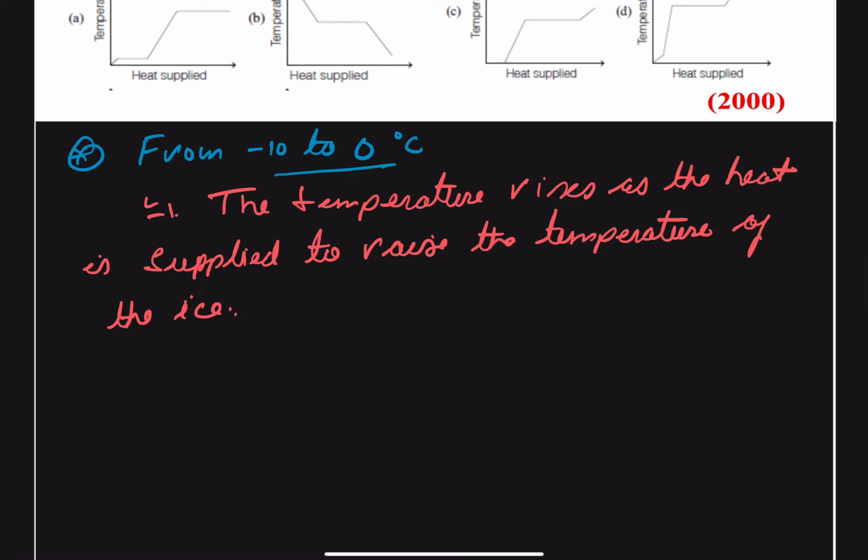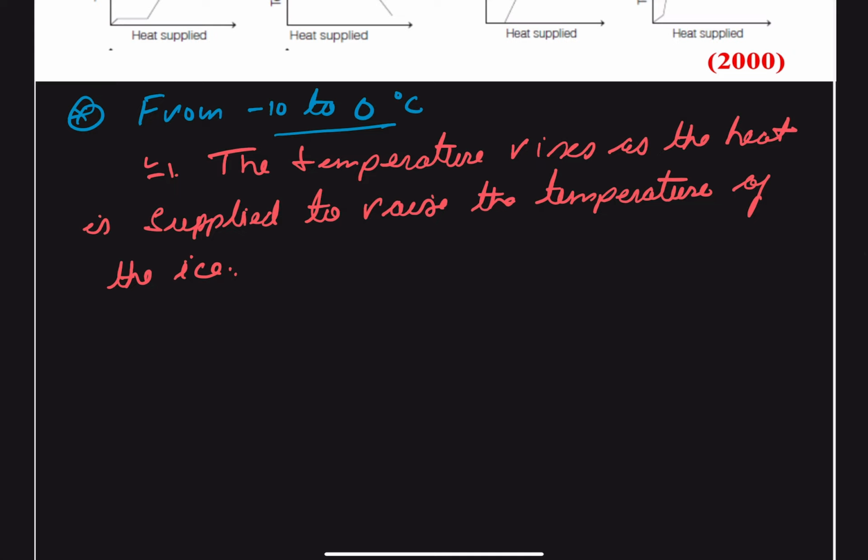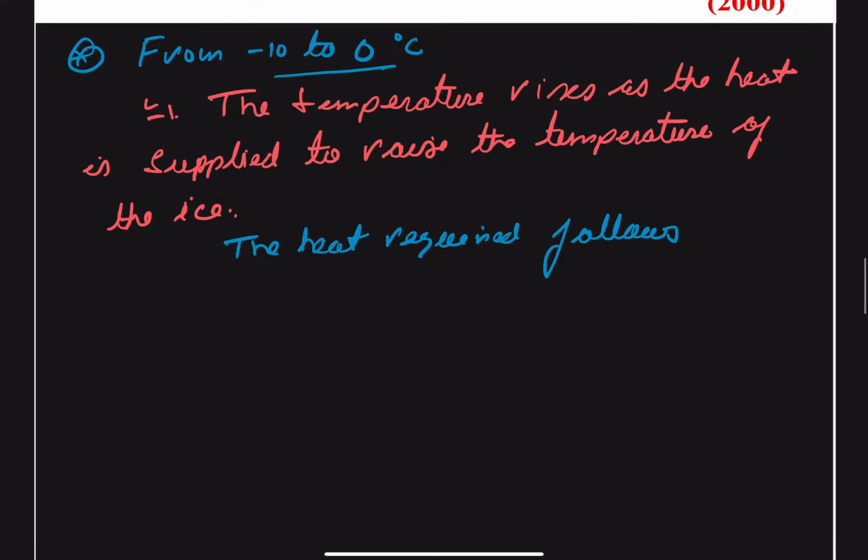So we can just write the formula for that. No doubt it's not required, but still we can write it. The heat required follows the equation Q is equal to mc multiplied by delta T, where this C is the specific heat of ice.